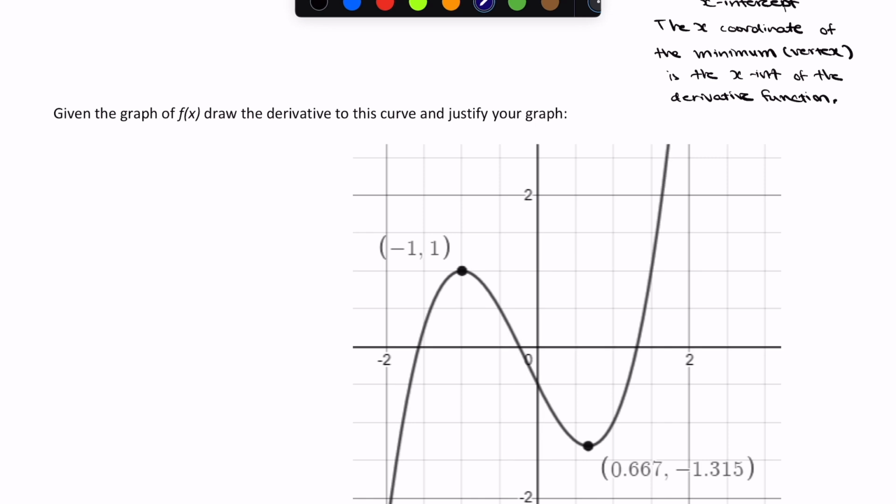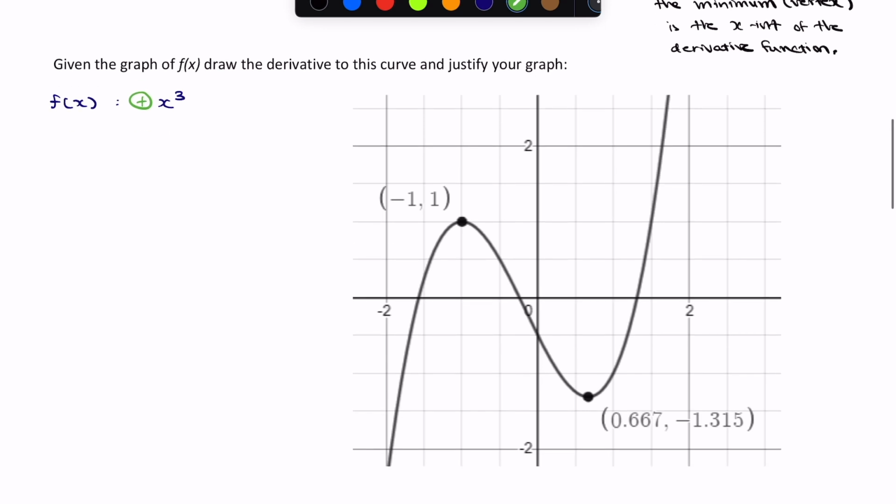Here we see that f of x is x cubed, and again, positive x cubed, which means that our leading coefficient is positive.